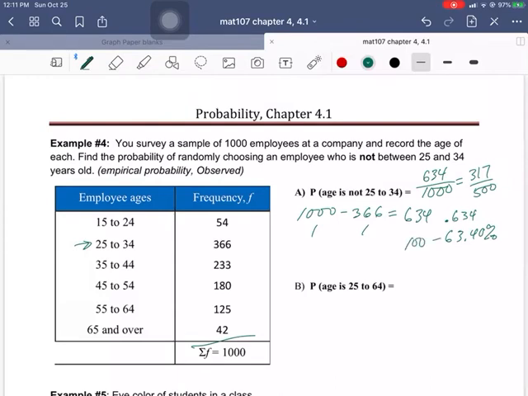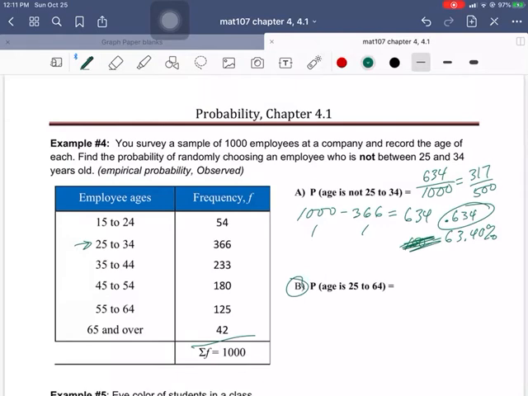You could do 100 minus this and give the probability that they are that age. Okay? So, that's not what that asked. Depending on how they want it, that's the answer.